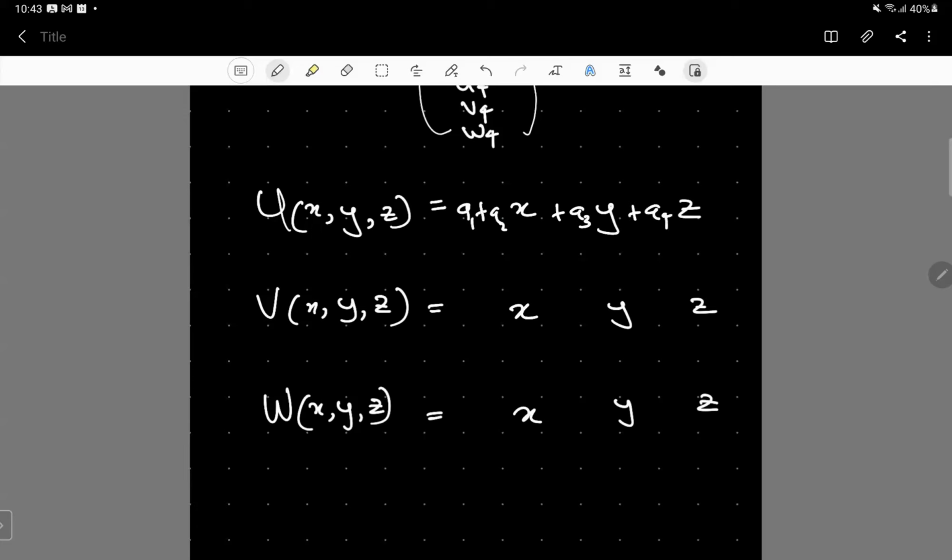For V, let's continue from A5, A6, A7, and A8, A9, A10, A11, A12.